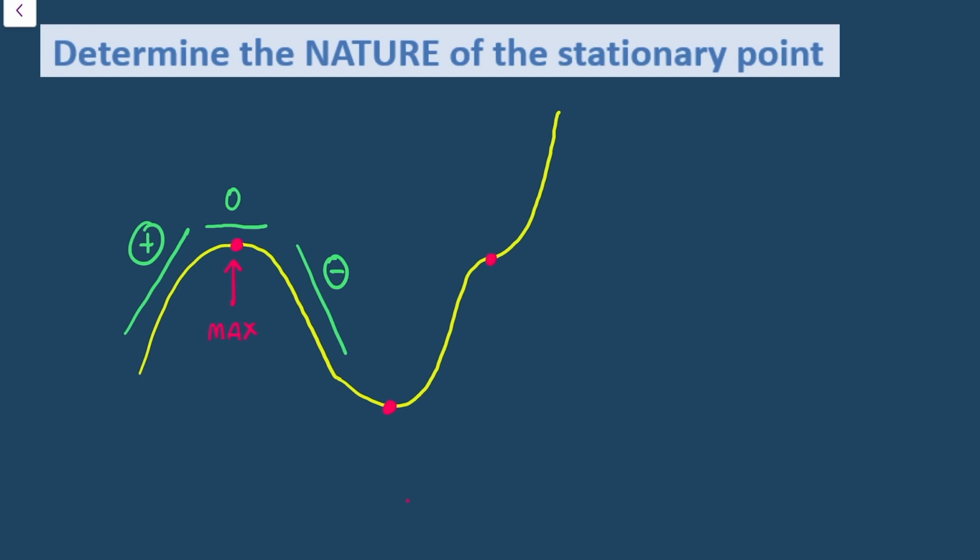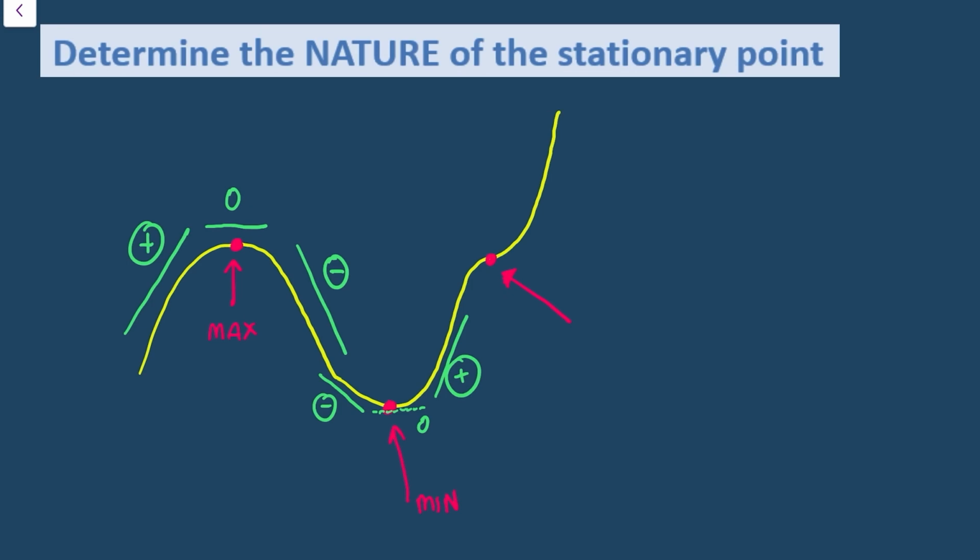Here I have a minimum point. And a minimum point is where my gradient goes from negative to 0 at the exact turning point to positive directly after the turning point. And that gives me a minimum point, sometimes referred to as a local minimum and a local maximum. And then lastly, I have this point here.